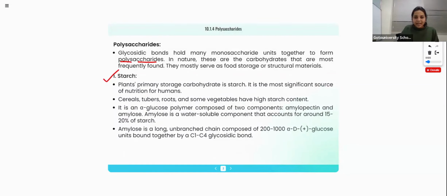Plants' primary storage carbohydrate is starch. We know that because carbohydrates are stored in plants in the form of starch. The cereals, tubers, roots, and some vegetables have high starch content. We know the potatoes.